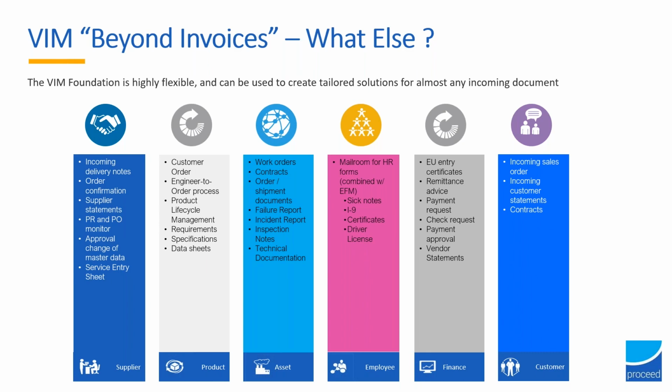We can scan that through the OCR, have a little workflow, and send it off to the vendor maintenance team. They can update the master data, and it feeds back through to VIM, and then in VIM you can post and pay the invoice and make sure it's going to the correct bank account.